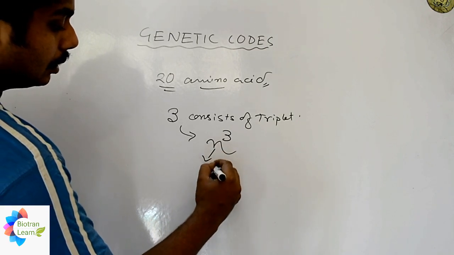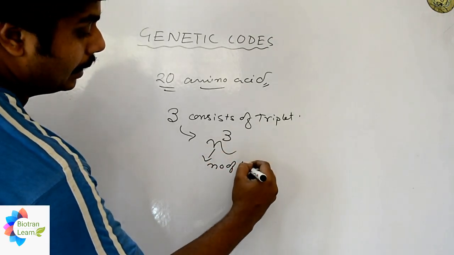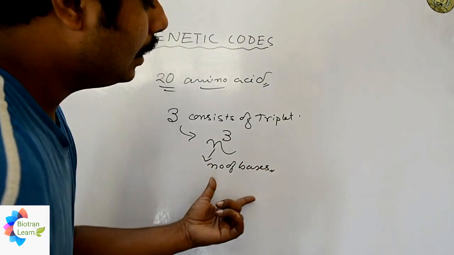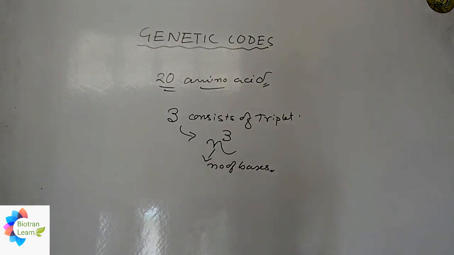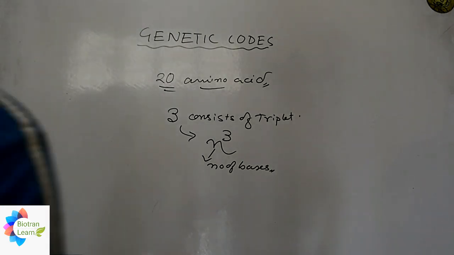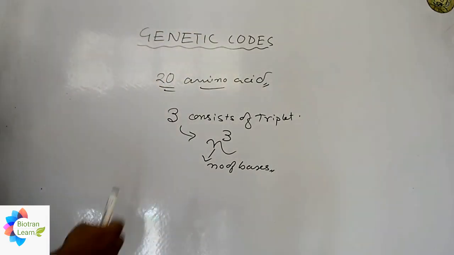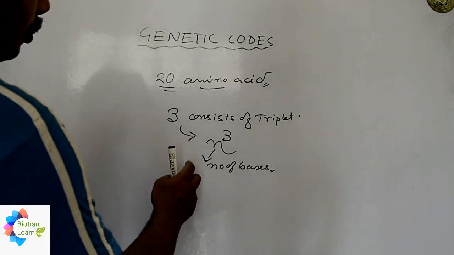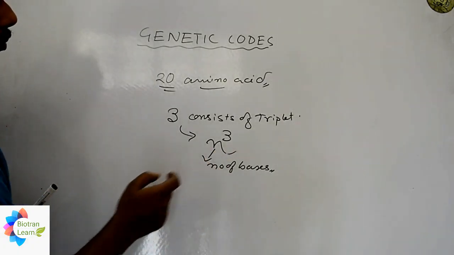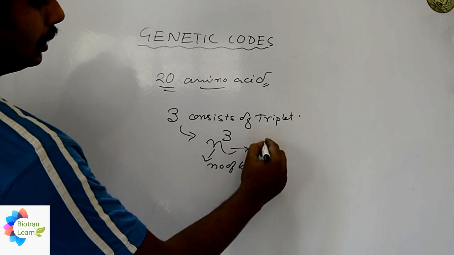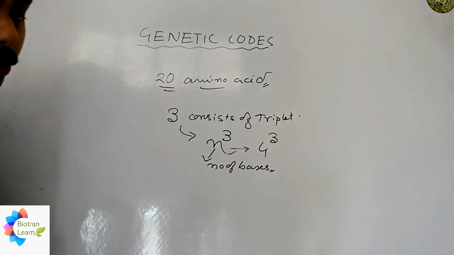N means the number of bases we find in a particular DNA or RNA. In case of mRNA, this number n is equal to 4, hence it becomes 4 cubed.